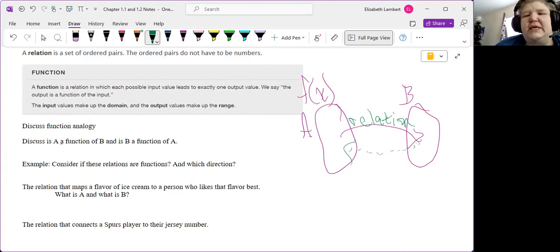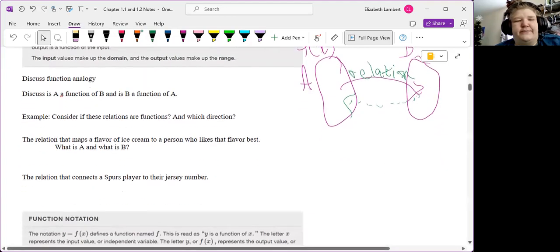We do literally call that the inverse. That'll map things from B to A. So if we directly reverse whatever relation we have, we can look at it the other way around. And sometimes we start A to B, that's not a function, but if we look at it the other way, it might be a function. So you have to consider which way these mappings would go or which ways the relations would be functions.